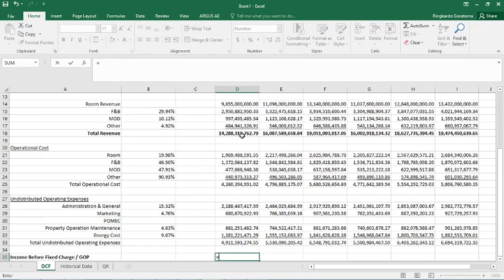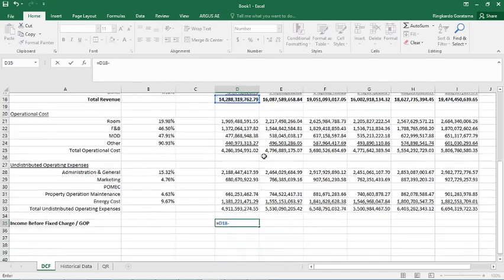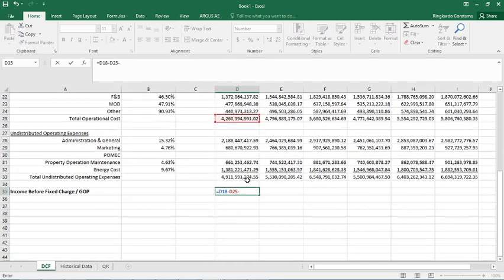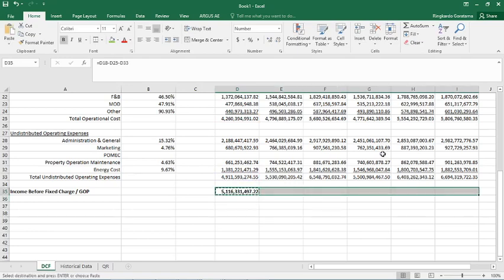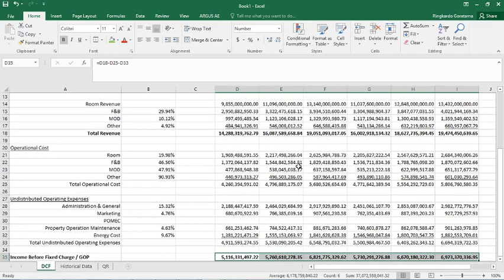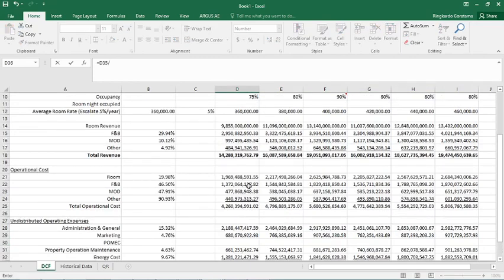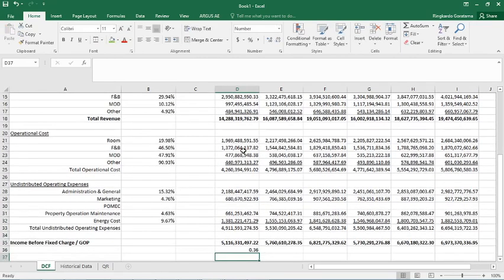So the revenue minus the operational cost minus the total undistributed operating expense. Okay, so we just put in here. So the percentage will be around here, like this.